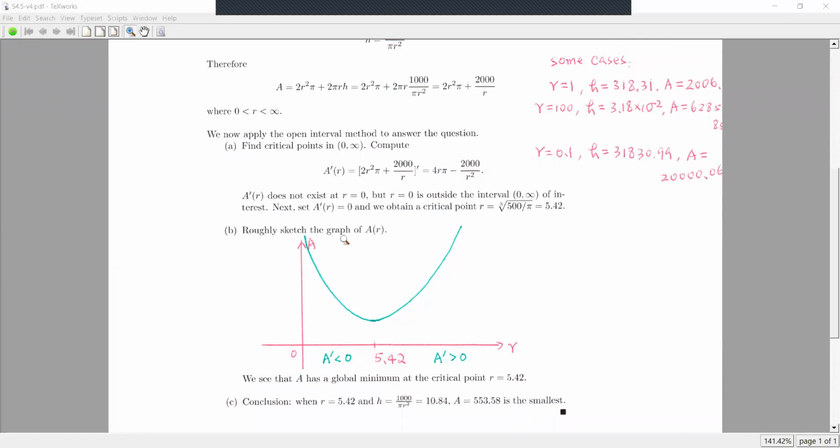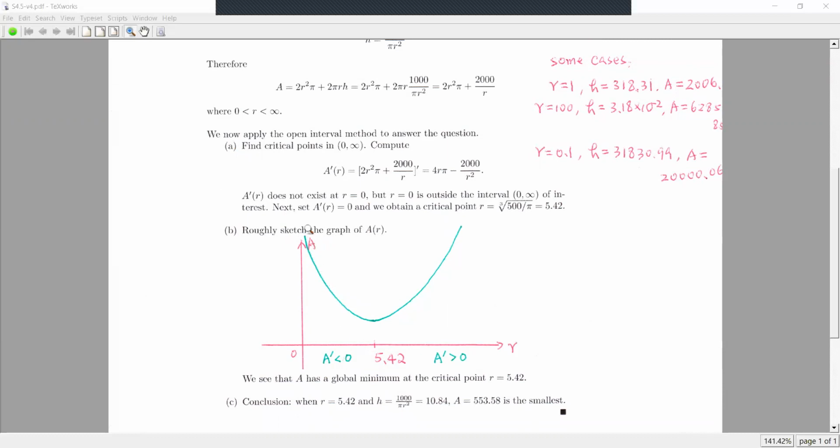Roughly sketch the graph of the function A. Just roughly. We just need decreasing, increasing. We don't need concave up, concave down. Between 0 and the critical point, 5.42, arbitrarily pick a point. Evaluate the derivative at the point. We see that the derivative is less than 0.